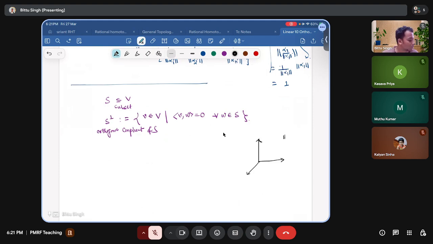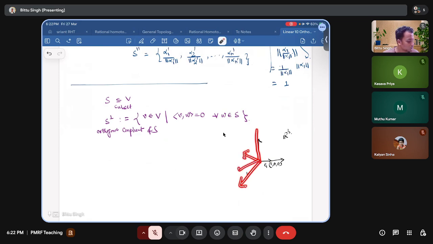The usual thing is easy to see from where it is coming from. So this is the R3 space, that's three-dimensional Euclidean space. Here you can see that if we take 1, 0, 0, this vector e1, then the orthogonal complement of this vector is the whole YZ plane. Whatever vector you choose, all those vectors are orthogonal to e1.